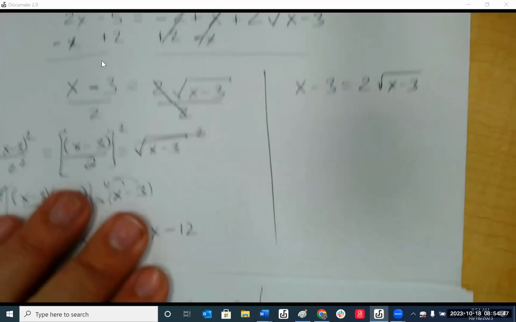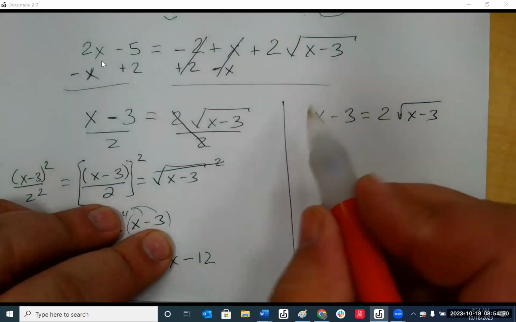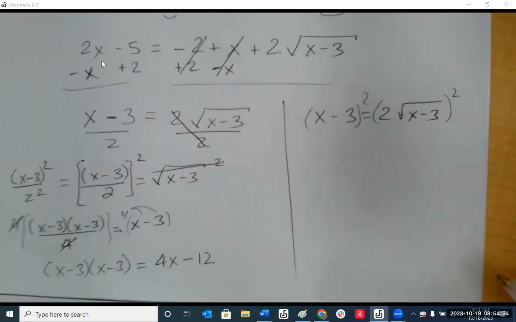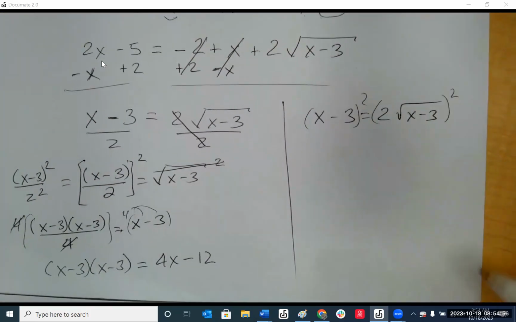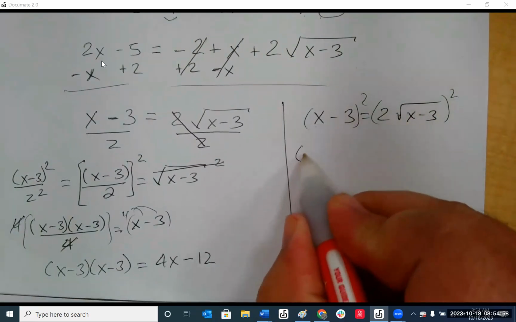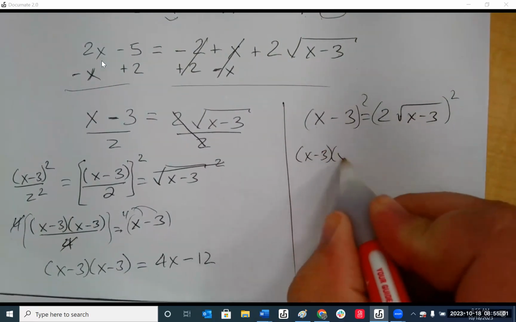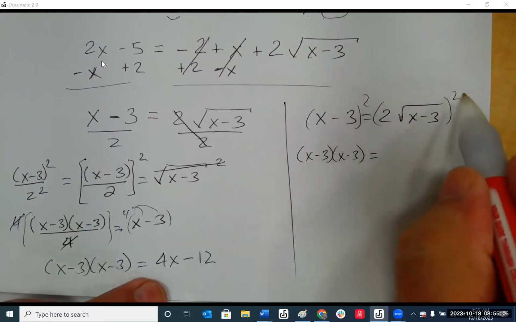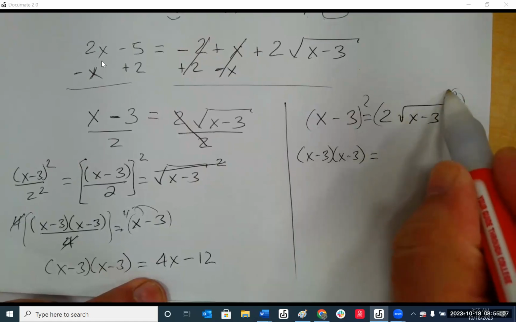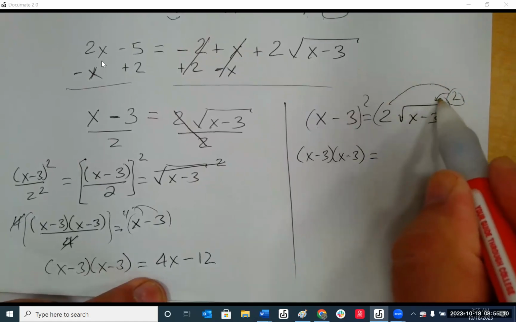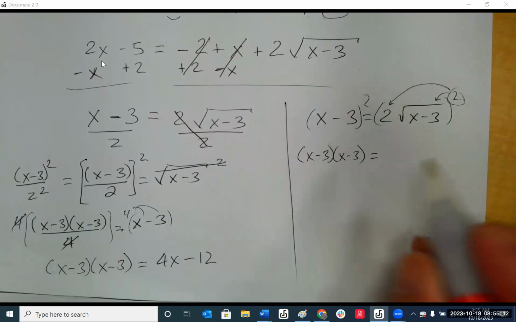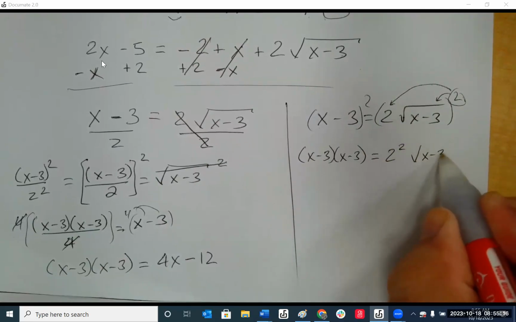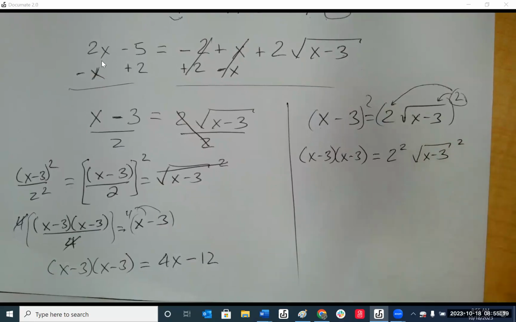But let's go over here now, back to this one. And we're going to square both sides. The left side is going to be x minus 3 times x minus 3. And the right side, since it's a product, you have to distribute it to both of those. We're going to have 2 squared and square root of x minus 3 squared.